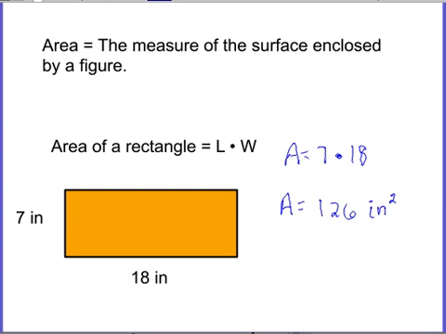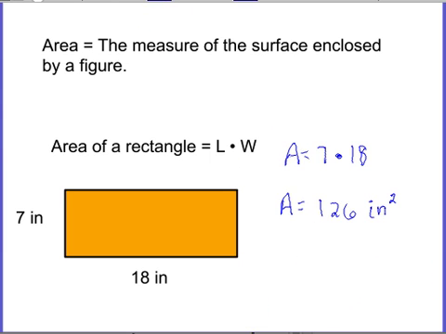Okay, make sure when you put your label, one of the most common mistakes I see on doing labels for area is students write this. Area equals 126 squared inches. Okay, that is incorrect, and I will count it incorrect because if you do 126 squared, that would be 126 times 126, and that's a really big number, and it's not the same thing as this. So please don't label incorrectly. All right?